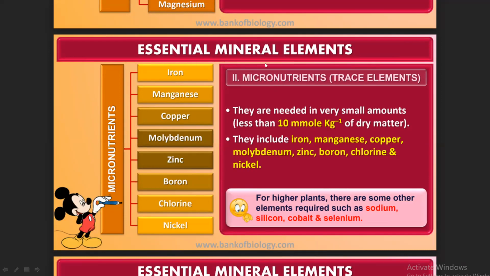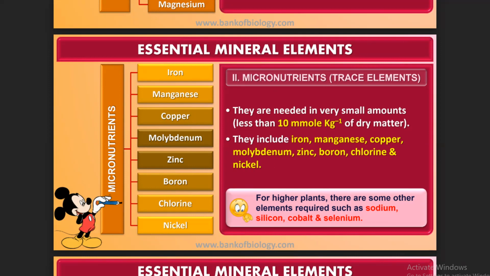Okay, micronutrients. We have iron, manganese, copper, molybdenum, zinc, boron, chlorine, and nickel. They are needed in very small amounts, which is less than 10 millimoles per kg of dry matter. Per kg of dry matter, there should be less than 10 millimoles.